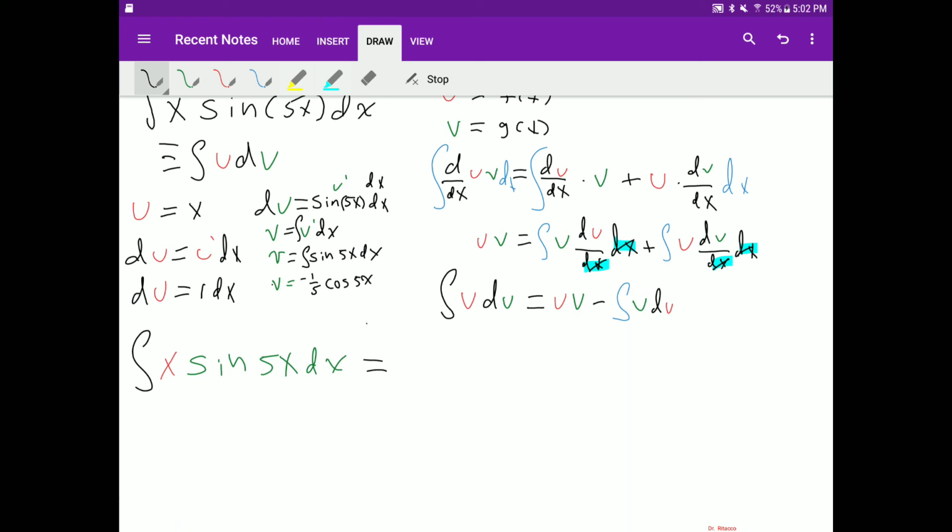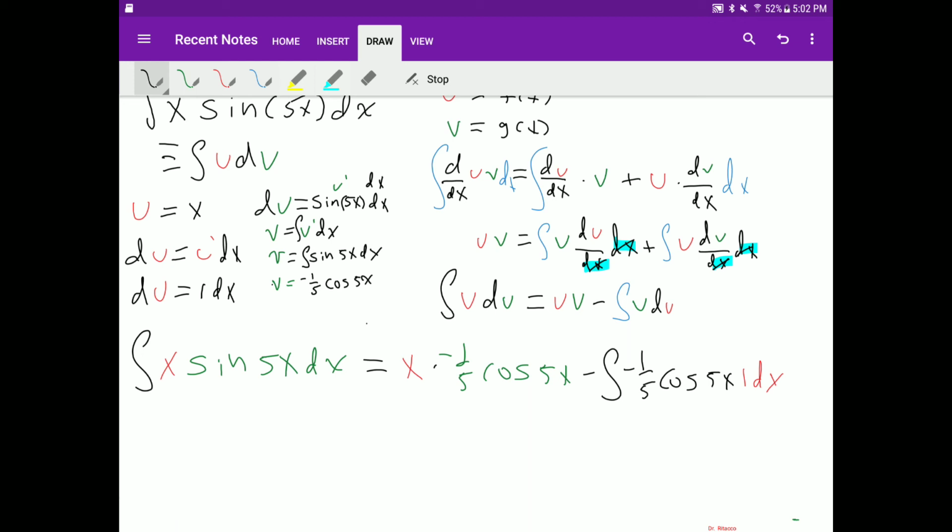And that's going to be equal to u times v, so x times negative 1/5 cosine 5x, minus the integral of v now, which is negative 1/5 cosine 5x, times du, where du is 1 dx. So 1 dx.